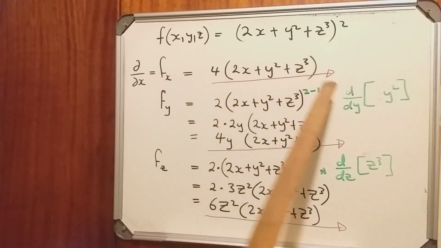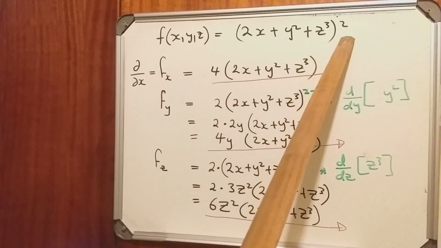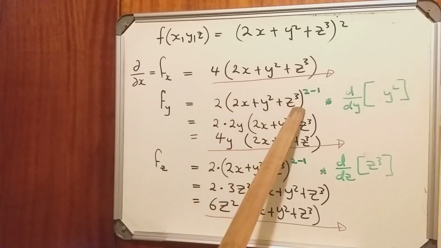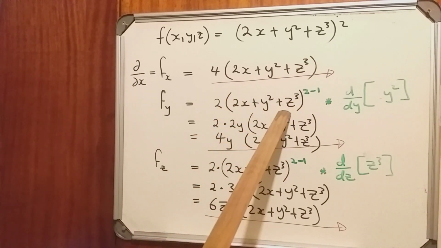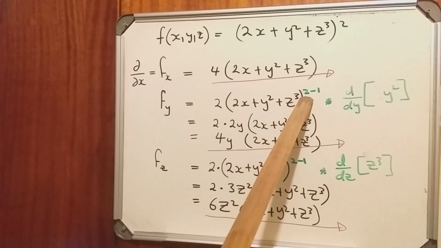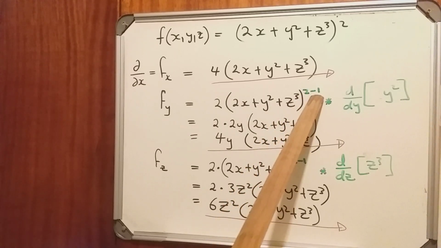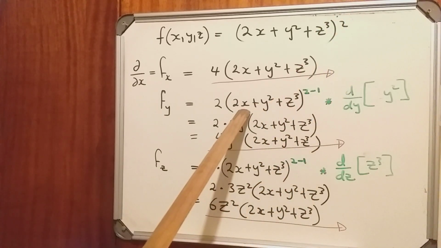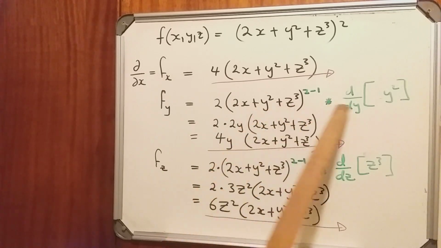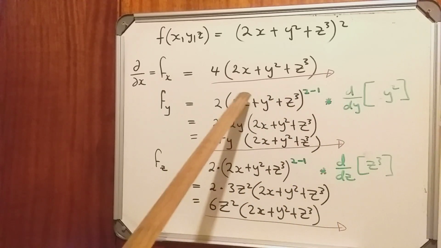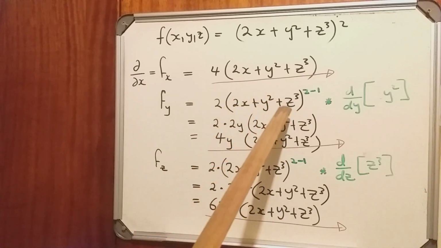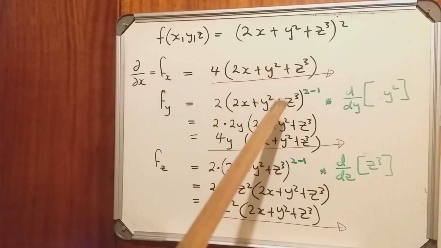So we do what we just said. We take the 2, repeat the function that is inside to the power 2 minus 1, and multiply by the derivative of what is inside with respect to y. x is a constant, z is just a number, and if you differentiate a number, it gives you 0.